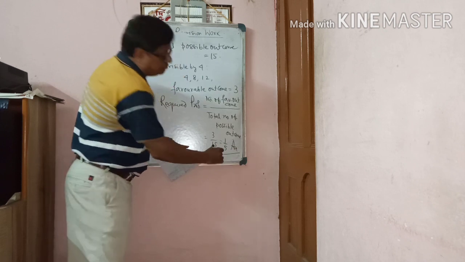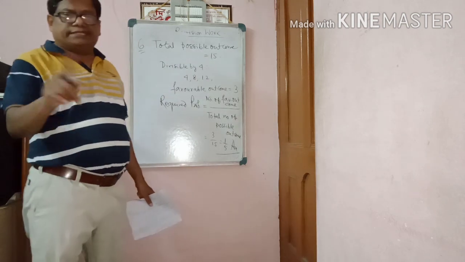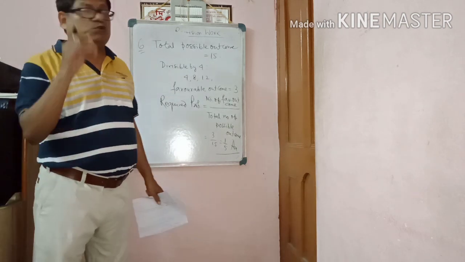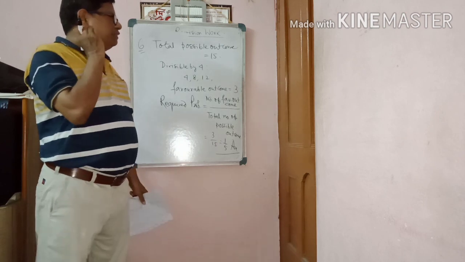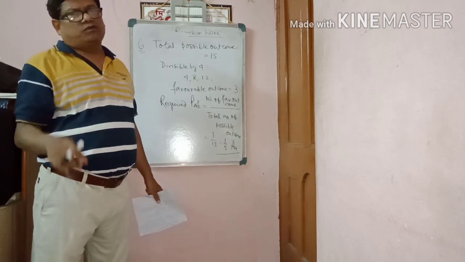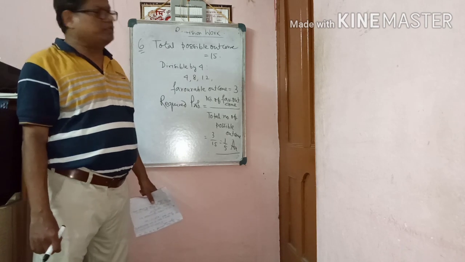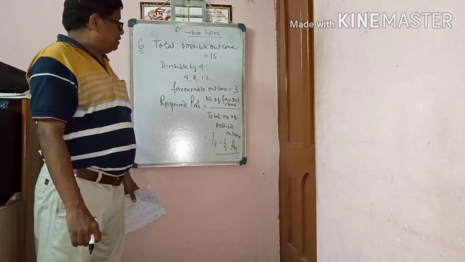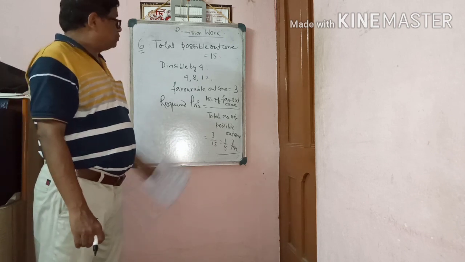This is the answer. Probability should be greater than 0, less than 1 or equal to 1. Keep in mind, the least value will be 0, that is an impossible event with probability 0, and a sure event has probability 1. So this is the answer.